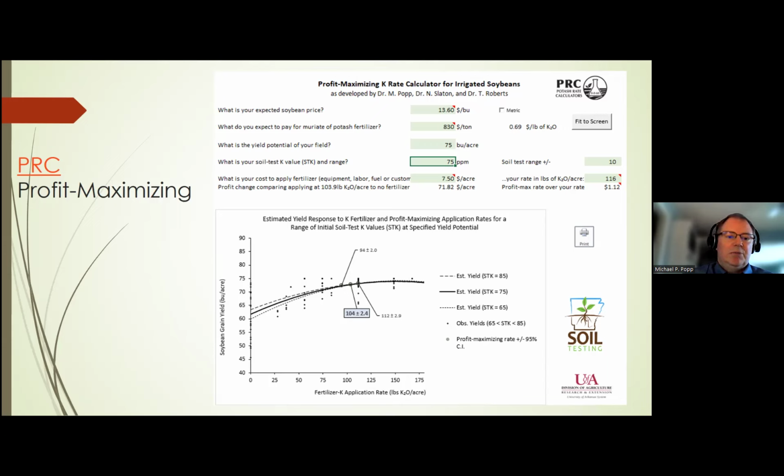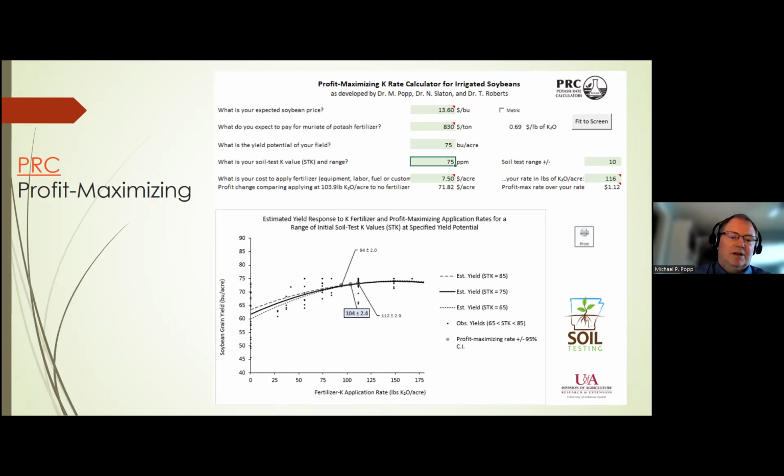And so you see in the bottom there a graph that gives a yield response curve from anywhere from 0 pounds of K2O per acre up to 175, 180 pounds. And then there's the soybean yield that is indexed to that 75 bushels per acre. And so you see a yield response and you say, well, my field might have plus or minus 10 soil test K across it.